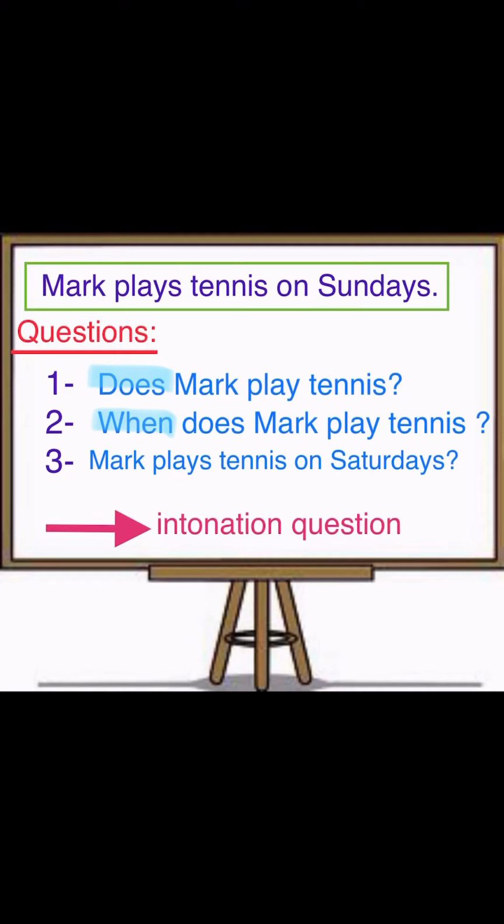My intonation or my voice goes up at the end. So Mark plays tennis on Saturdays or Sundays, doesn't matter. Okay, now we don't change anything except the intonation and add the question mark at the end to the same statement or to the same sentence.